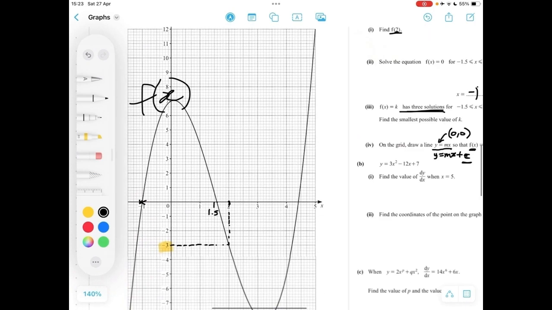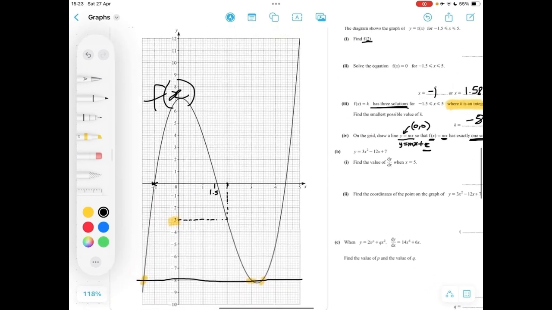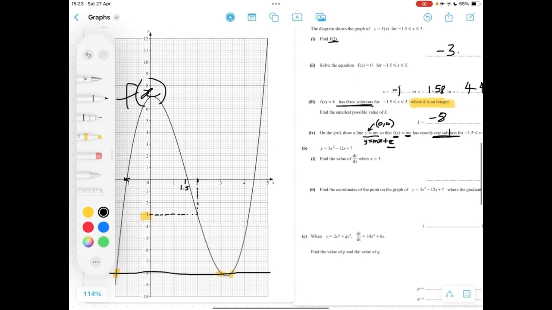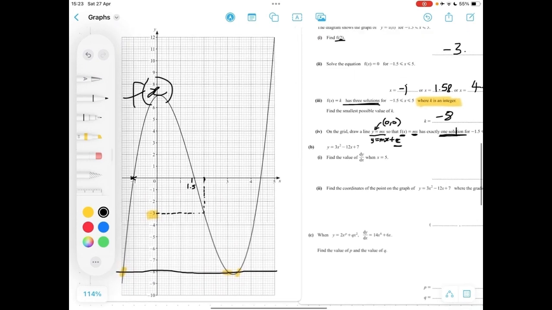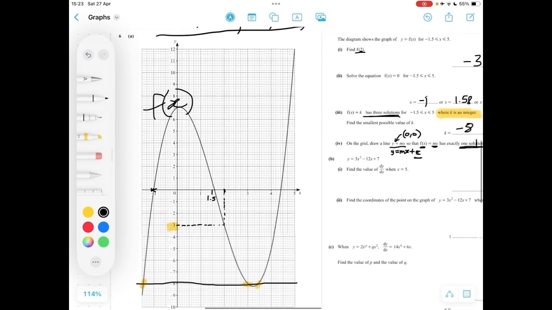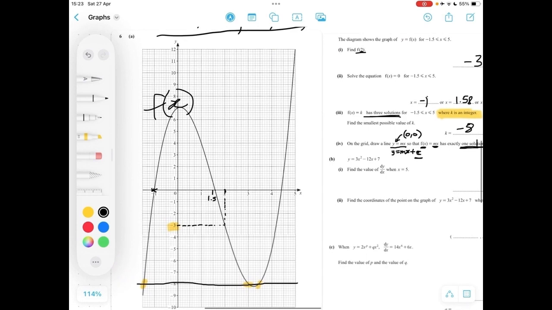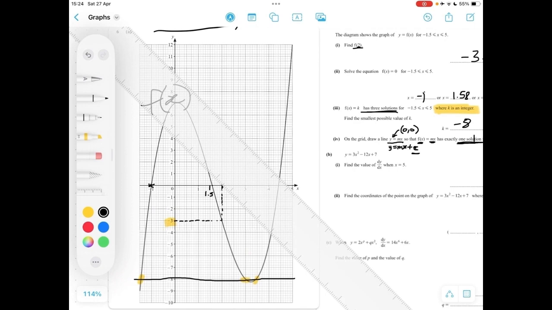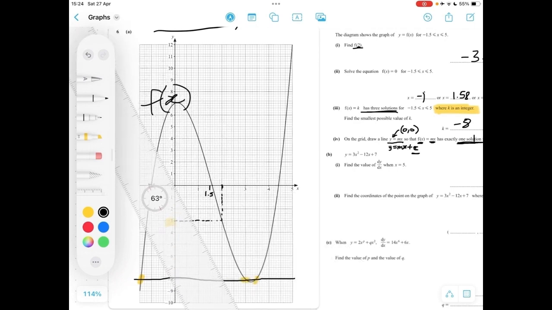So we just have to draw any line that intersects once, and it must also go through the origin. You could have a line like this, or like this, or like this, where it only intersects the curve once.